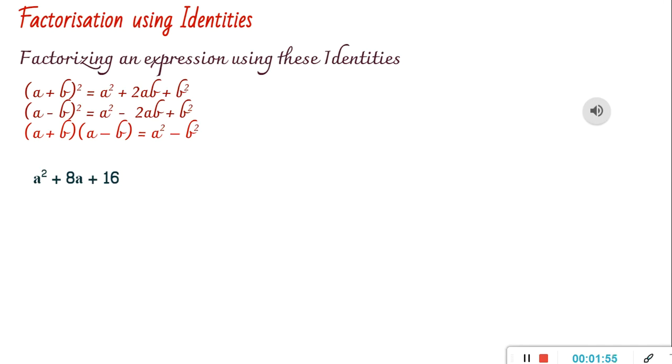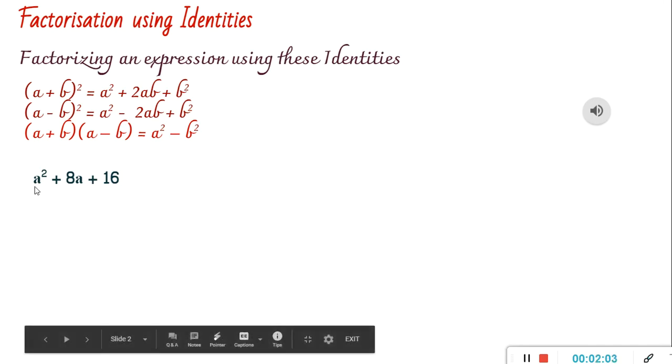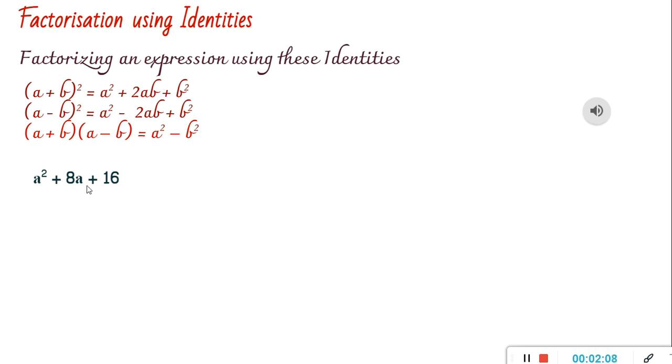So what we do here is, this can be written as a square, right? 16 can be written as 4 square, and 8a can be written as 2 into 4 into a. So 2 into 4 into a is 8a. So you can write it in this form. And what is this? This is a square plus b square plus 2 into a into b.